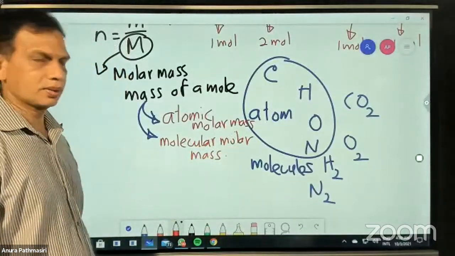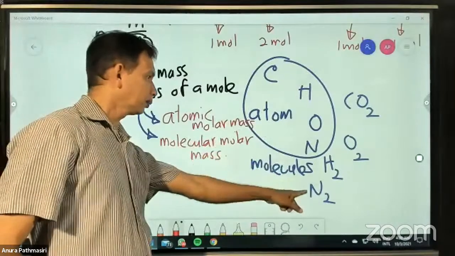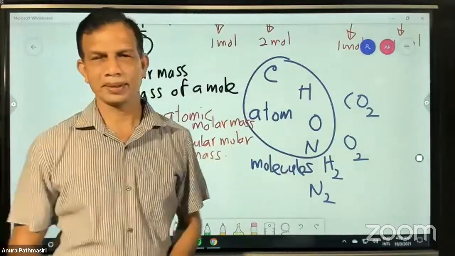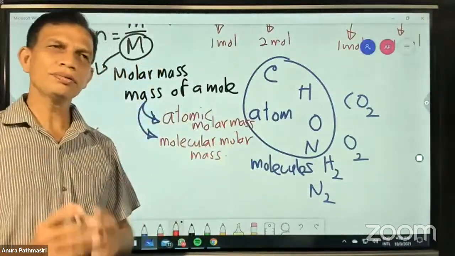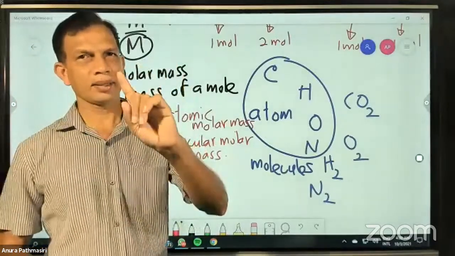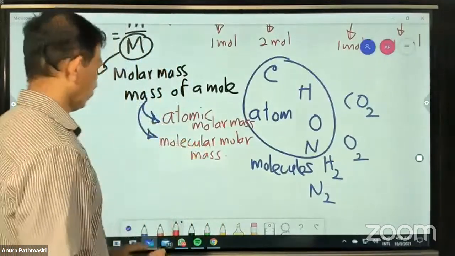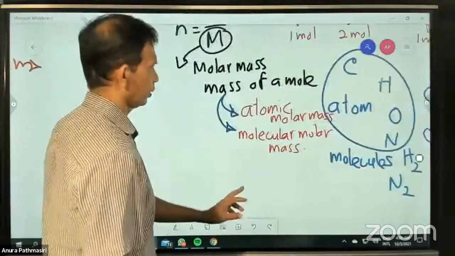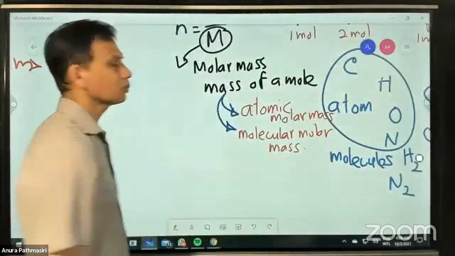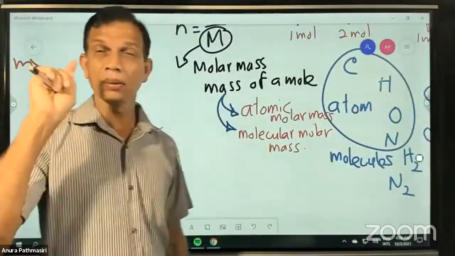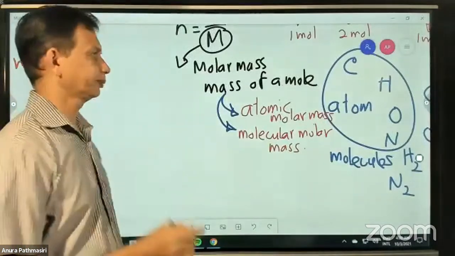Atomic molar mass and molecular molar mass. The mass of one atom. Well, atomic molar mass means the mass of one mole of atoms.